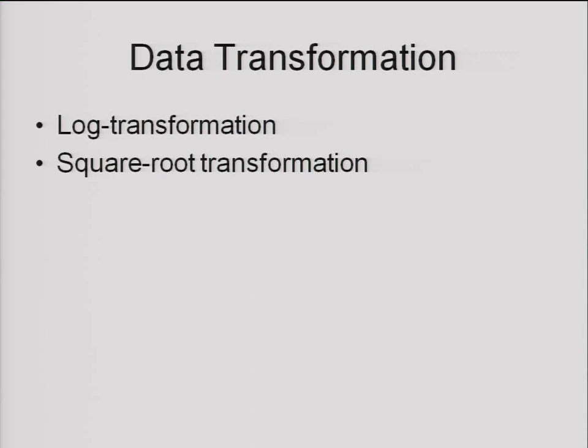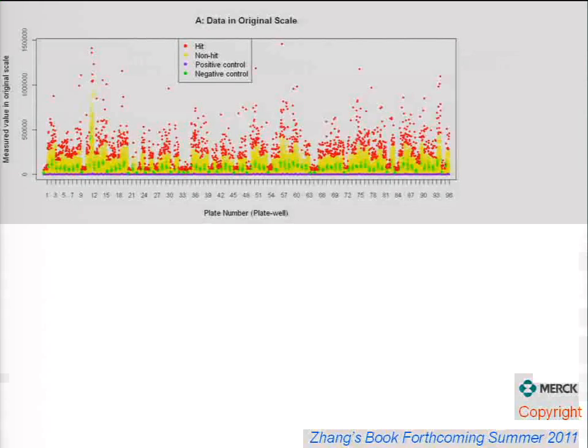So here I'll give an example of how important data transformation is. This is a real experiment. Here the x axis is the plate number. In this experiment, I have 96 plates, and the y axis is the measured intensity on the raw scale.